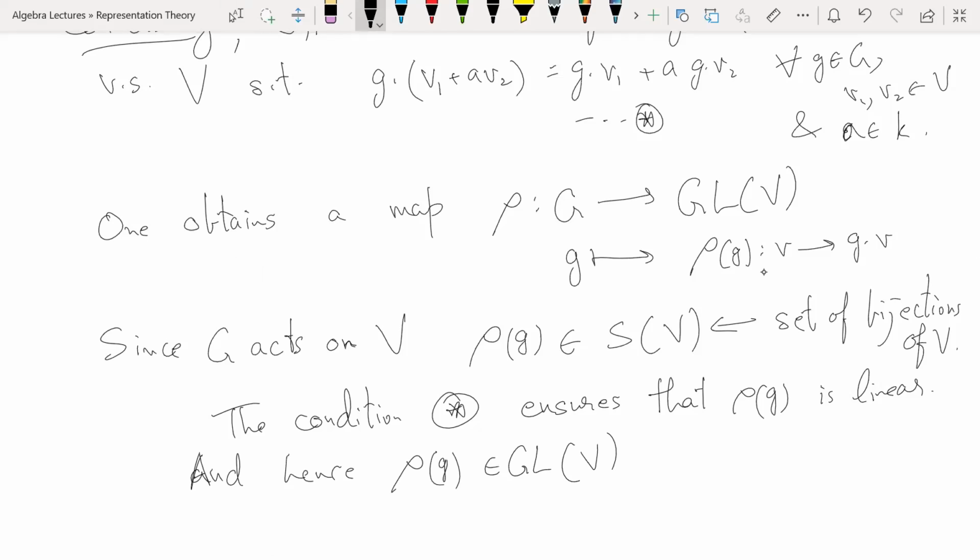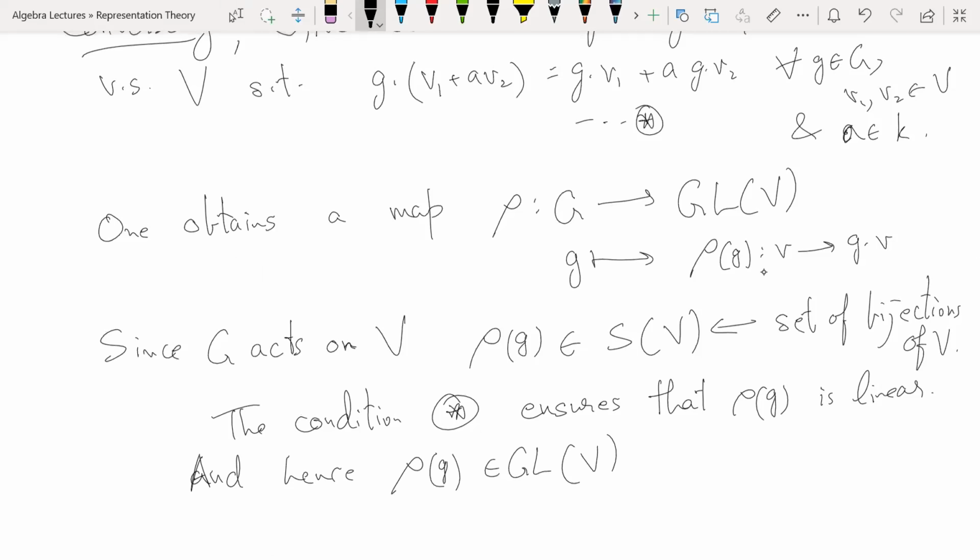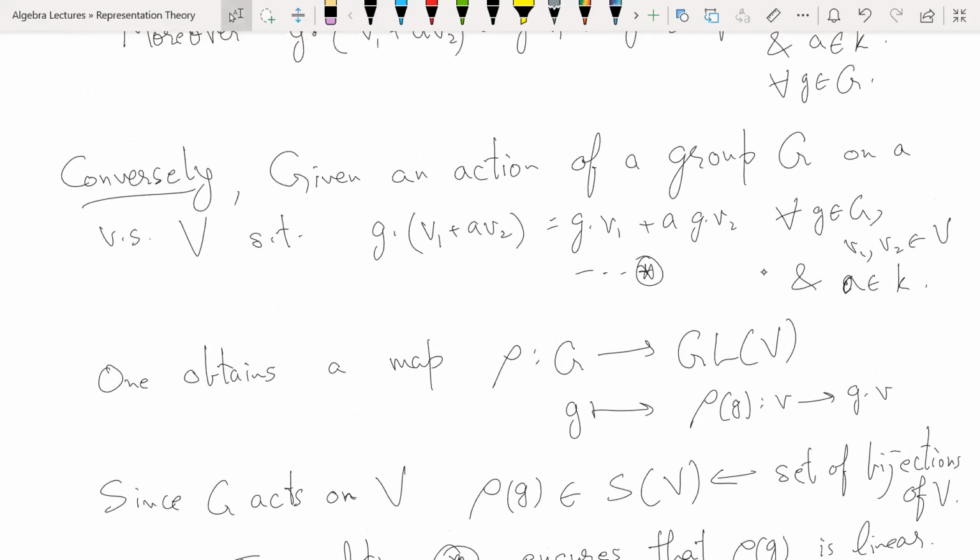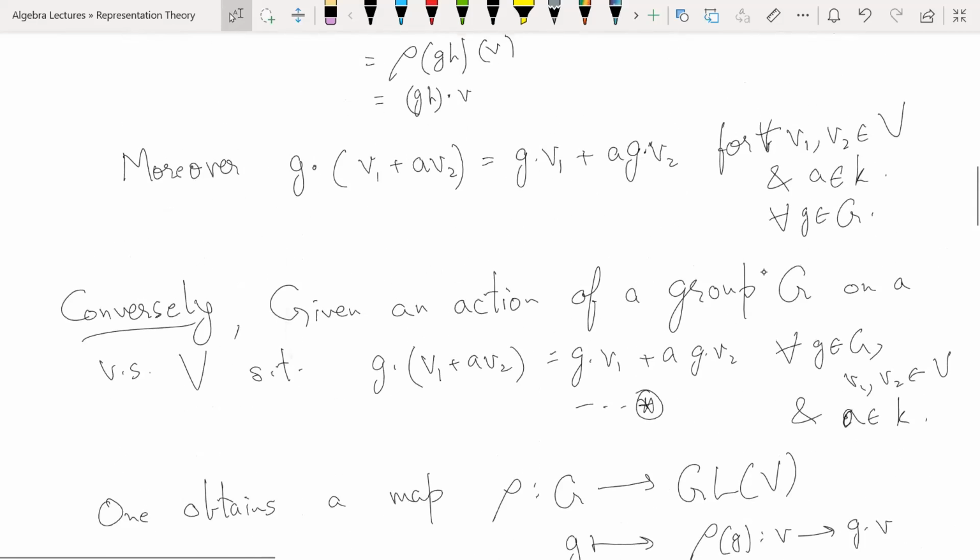GLV, of course, is the set of all linear bijections of V, so it is in SV. SV is too big. It's the set of all permutations of V, so it is a very big group. GLV is more manageable. So you can think of a representation in two ways.